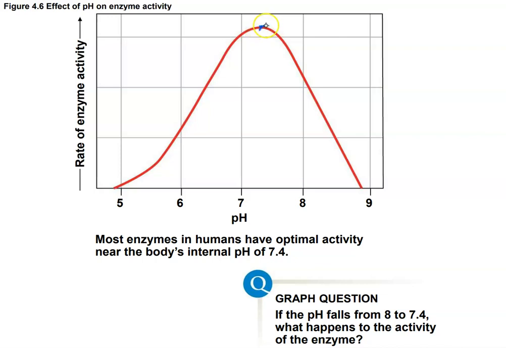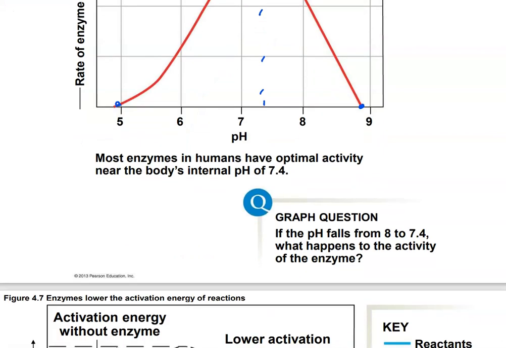So here will be 7.4, and it's about 7.4 right here. And you can see that at pH 5, the rate of enzyme activity would be near 0. And if you're close to 9, the rate is 0. So these enzymes, the ones that are working in the human body, typically have a pH preference of 7.4. That's the blood pH.